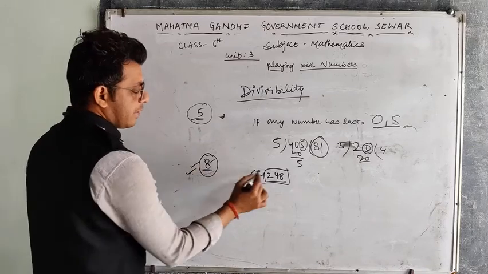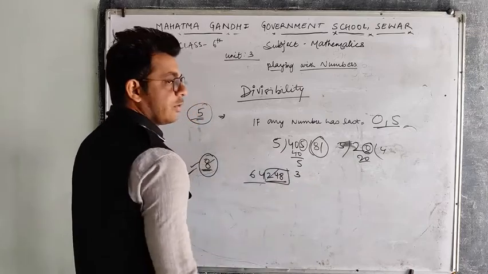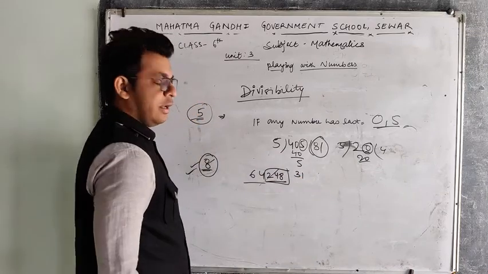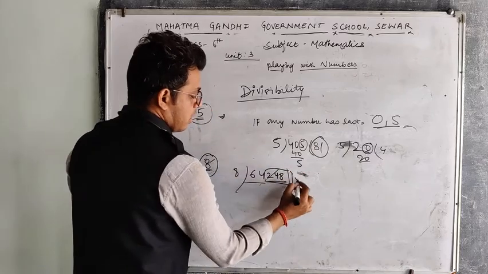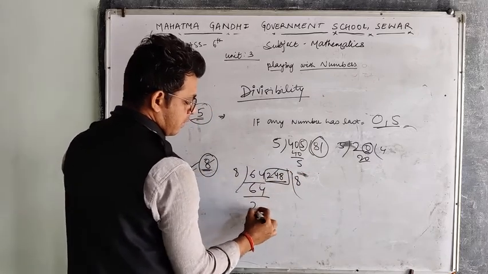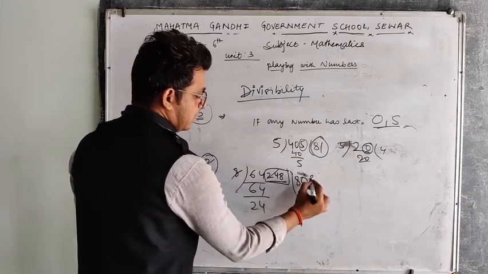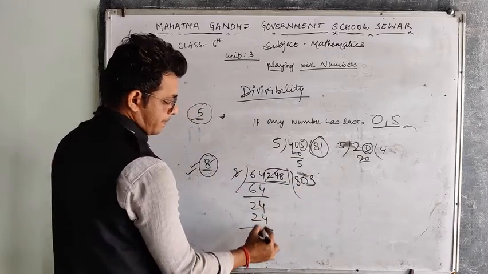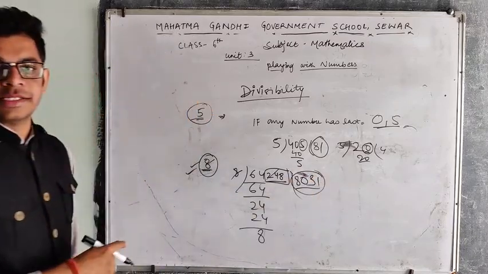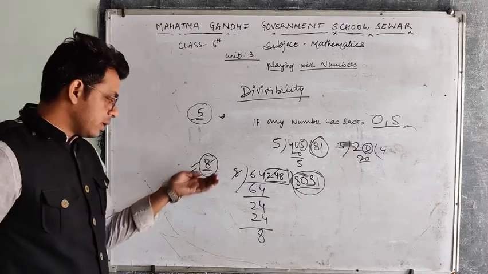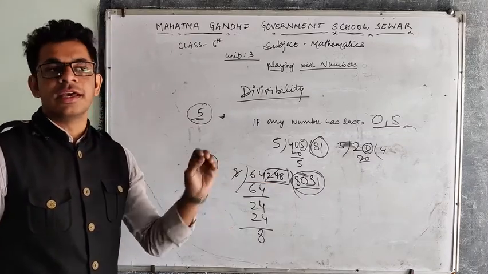If I divide this, 8 3s are 24 and 8 1s are 8. Now we will divide this whole number. We will place 2. 2 is not divisible, so we take the remainder. So the number is divisible by 8. So 8's divisibility test is that the last 3 digits should be divisible by 8.